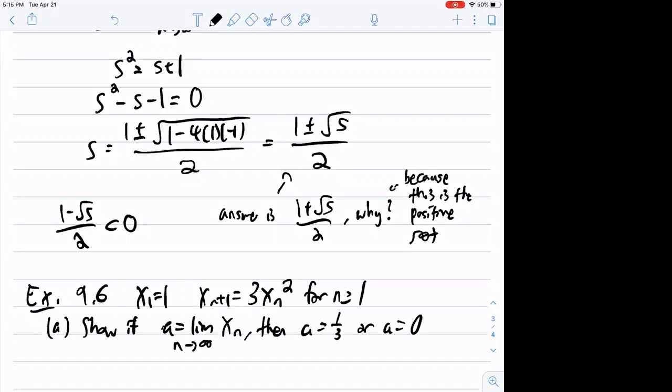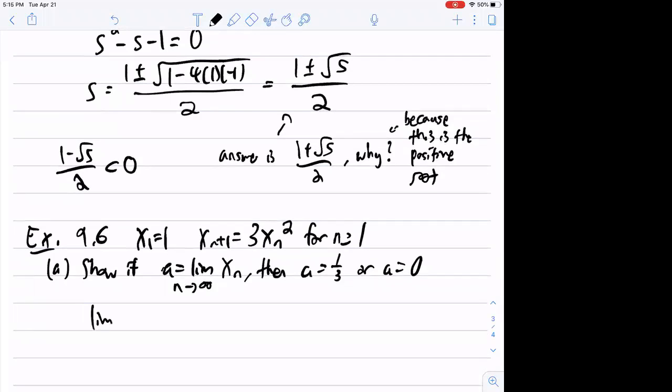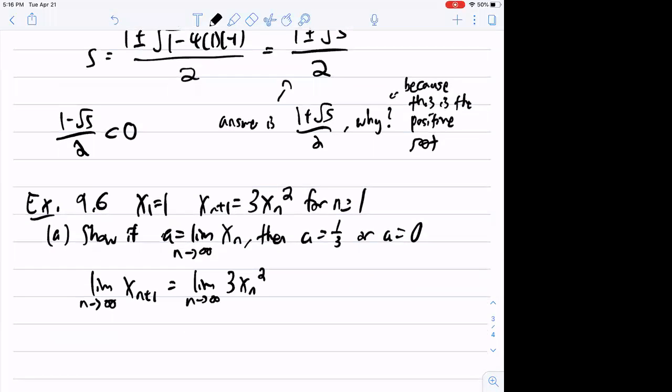So basically, it's kind of like the previous question. Assume the limit exists, show it's some number, right? And so again, you should take the limit. The reason I could take the limit is because we assume the limit exists, right? And again, if xn goes to a, xn plus 1 still goes to a, right?